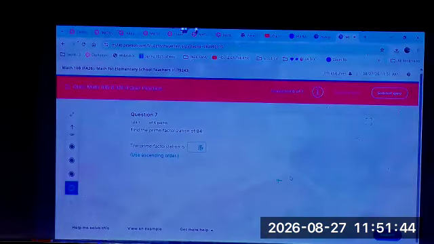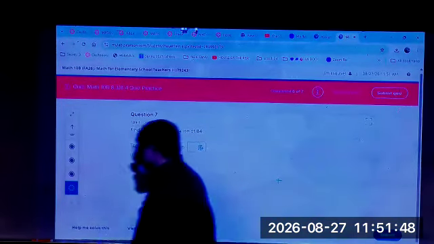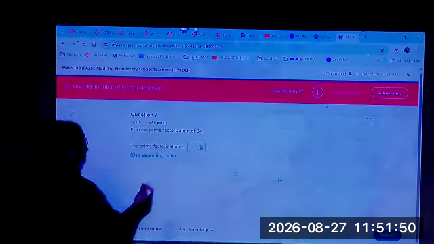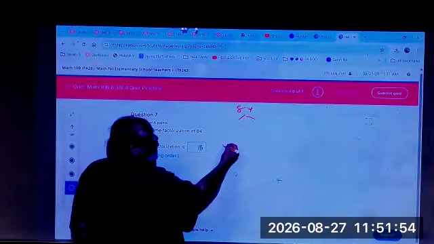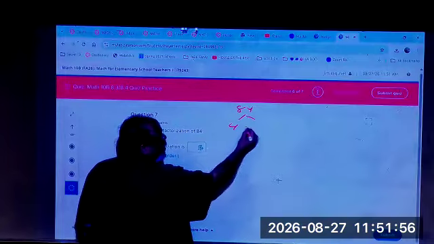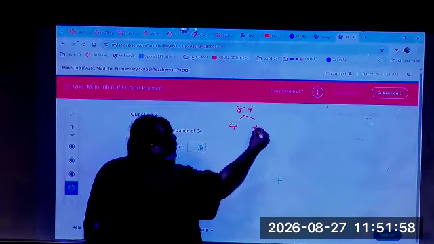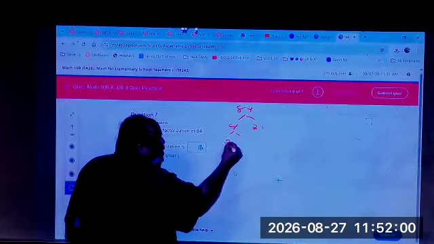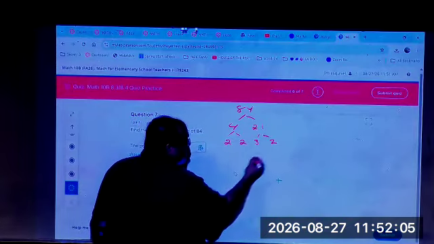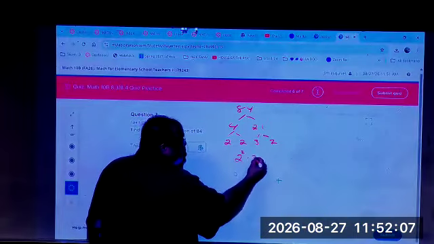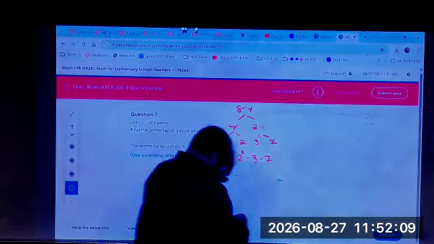And this is the last question, the prime factorization of 84. 84 is what times what? About 4 times 21, and 4 is 2 times 2, and 21 is 3 times 7. So 2 squared times 3 times 7.